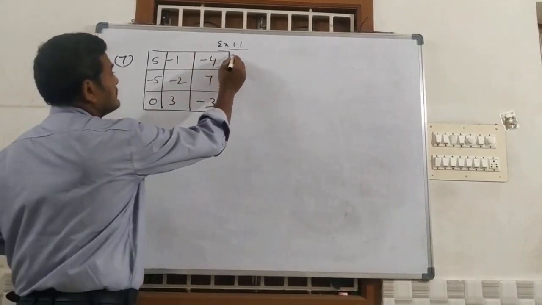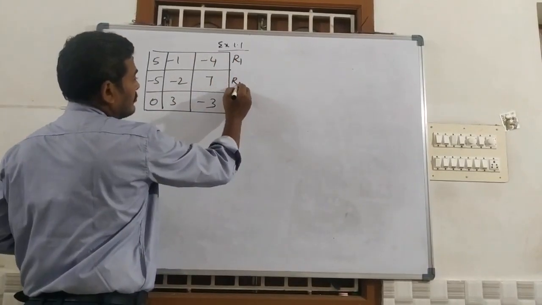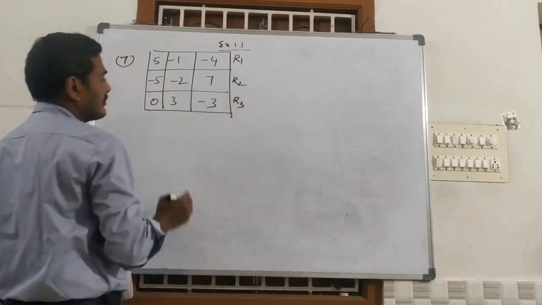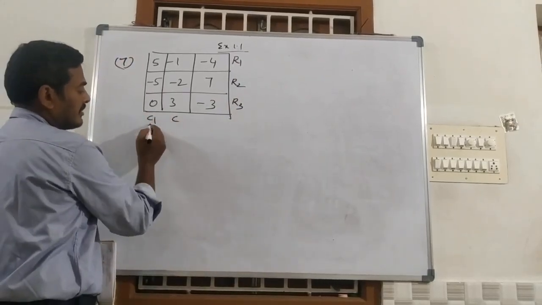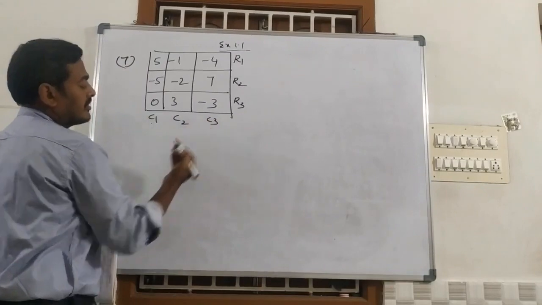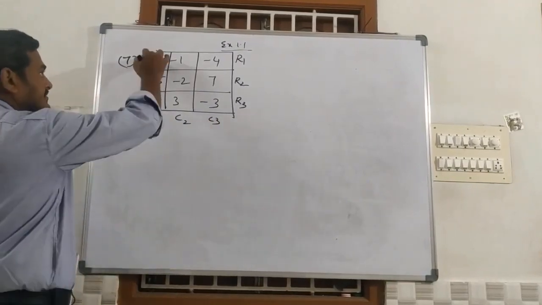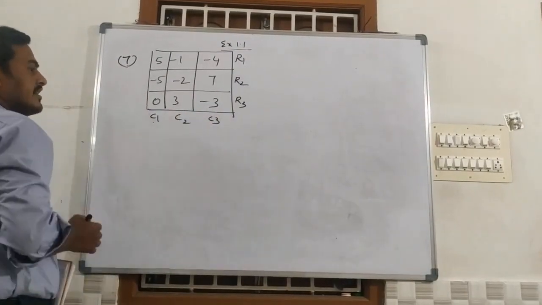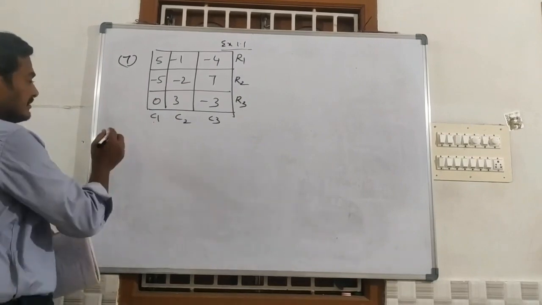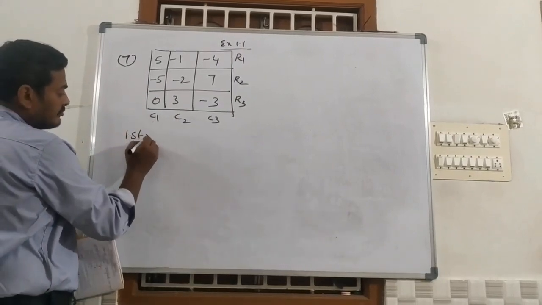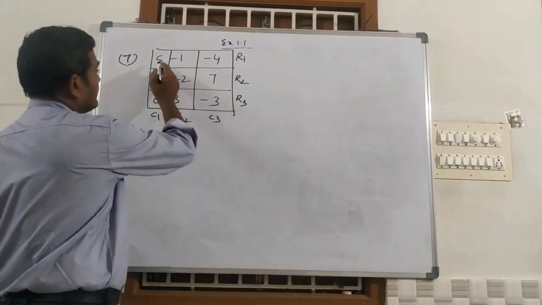So these are row 1, row 2, row 3, R1, R2, R3, and column 1, column 2, column 3. This is diagonal 1 and this is diagonal 2.